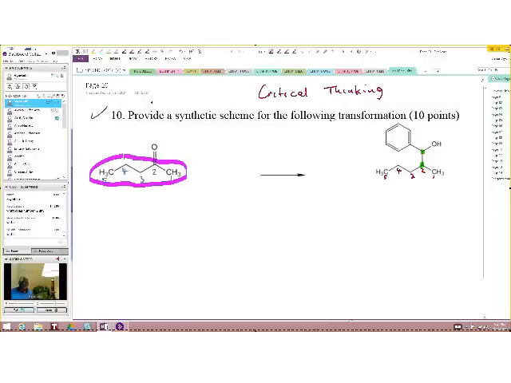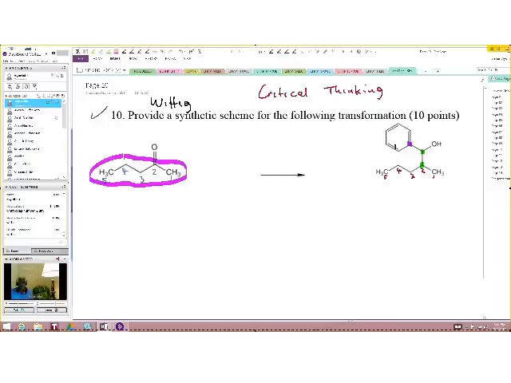Okay, very good. You say you want to use a Wittig. Now we also say here, if you form a new carbon-carbon bond here, you also have to join this carbon here to this carbon.